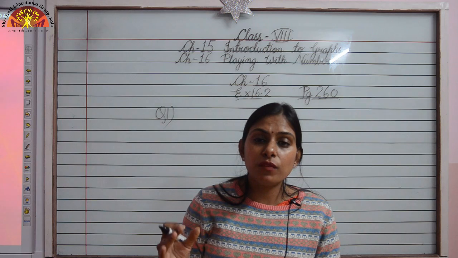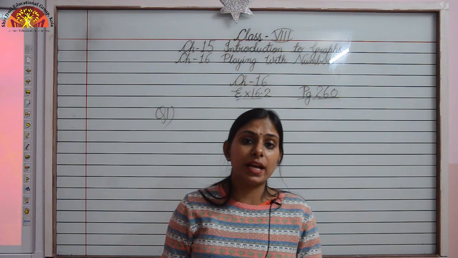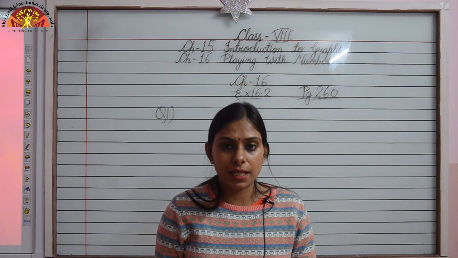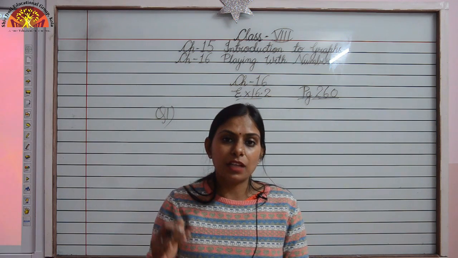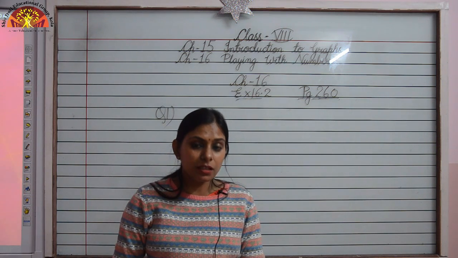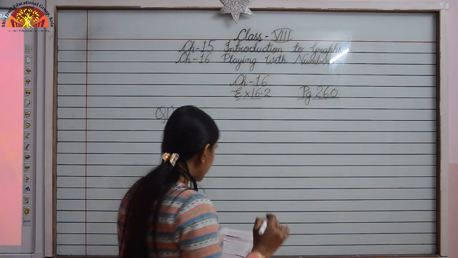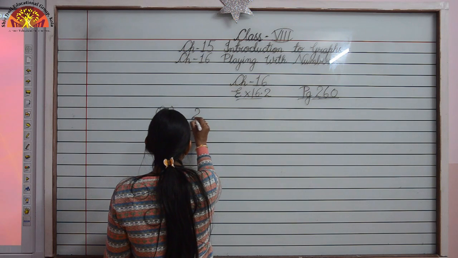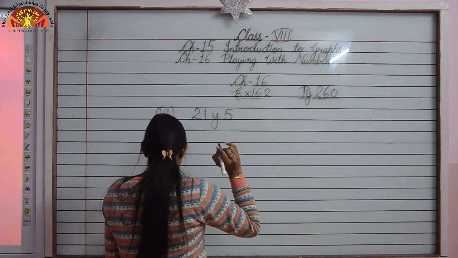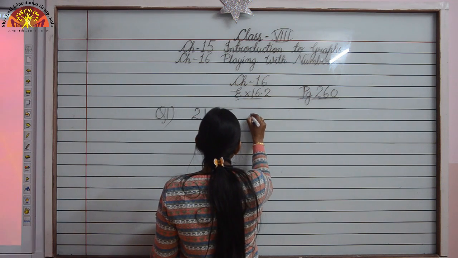So children, as you are well aware about the divisibility of 9, if the sum of the digits is divisible by 9, it is a multiple of 9, then we say that a number is divisible by 9. Is it clear? So in this you have to find the value of y. 21y5, it is given it is a multiple of 9.